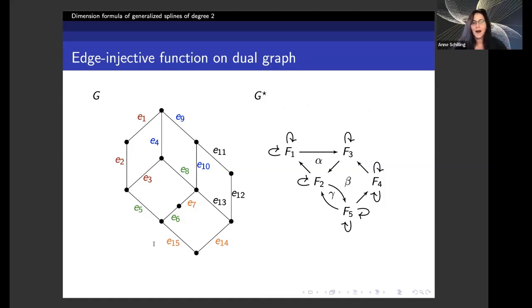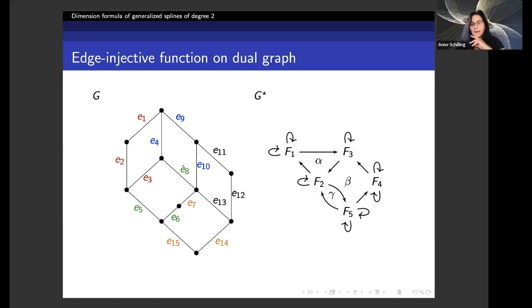So here I have a graph, and I have given you a particular edge injective function. This face here, I have associated E1, E2, E3 to it. Here I have associated E4, E9, E10 to it, and so on. The colors just tell you which face they correspond to.